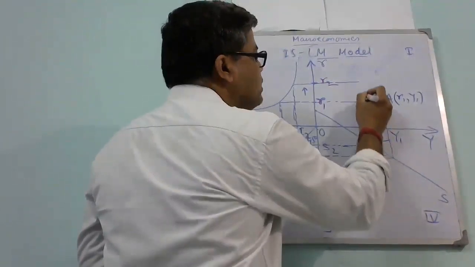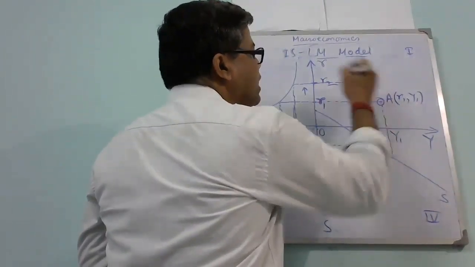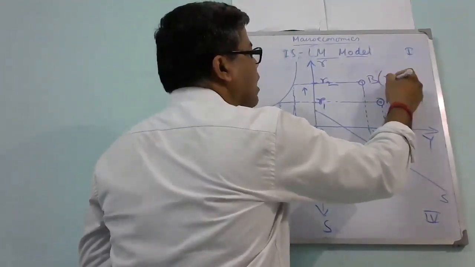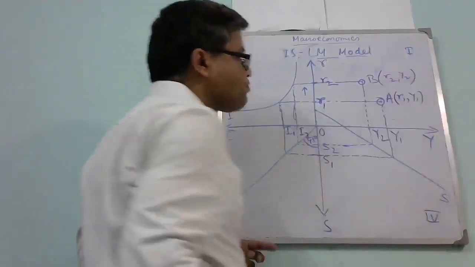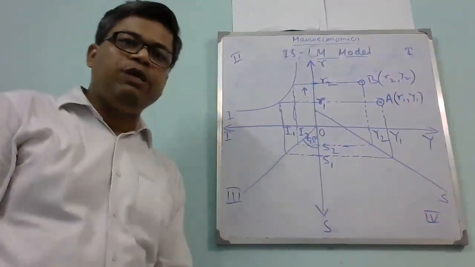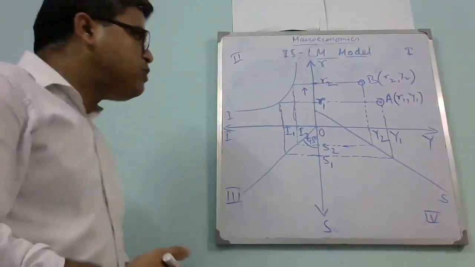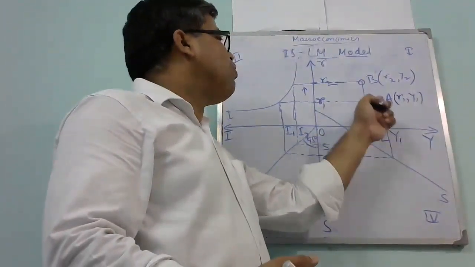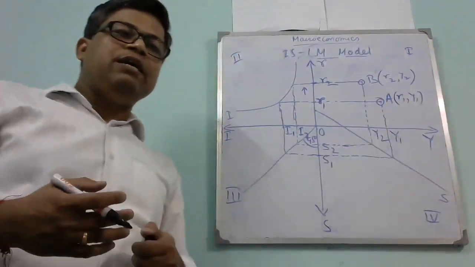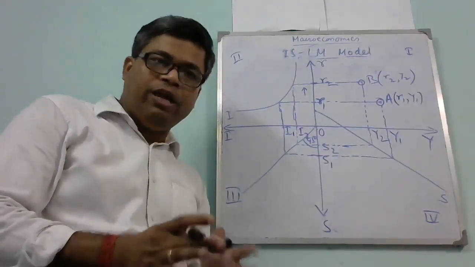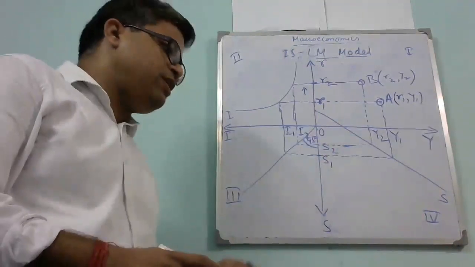So what will be the combination of R and Y? We get another coordinate B, let's say R2 and Y2. In this way, we will be getting a lot of different coordinates. All these coordinates represent that the product market is in equilibrium.